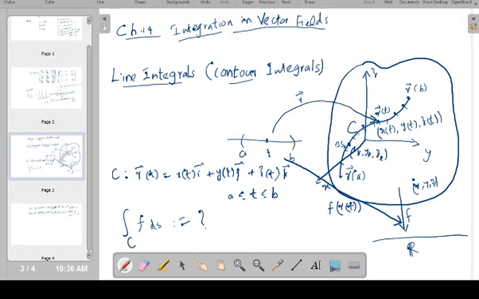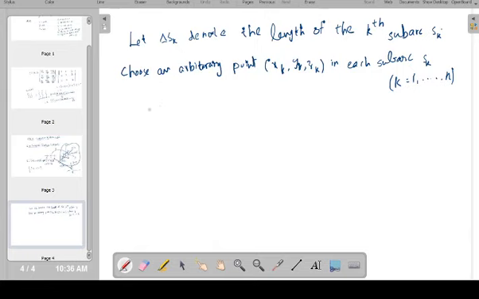Like that you choose an arbitrary point in each subarc. Now form the sum of f of xk comma yk comma zk, that means you evaluate f at that point and multiply by the length delta sk.